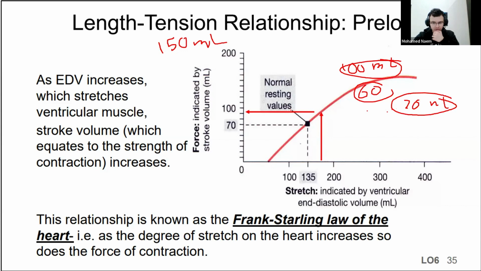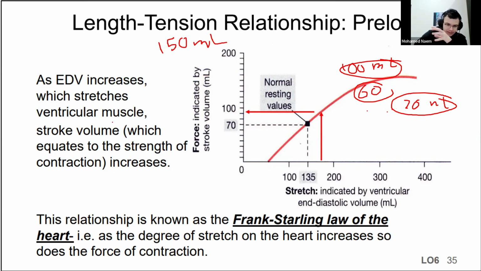This is the end diastolic volume. How can we detect the force? We cannot detect how strong the contraction is. Logically, there's no way that we can detect that. So we use the stroke volume, the amount of blood that was pumped into the aorta, as the measurement for how strong the contraction is.